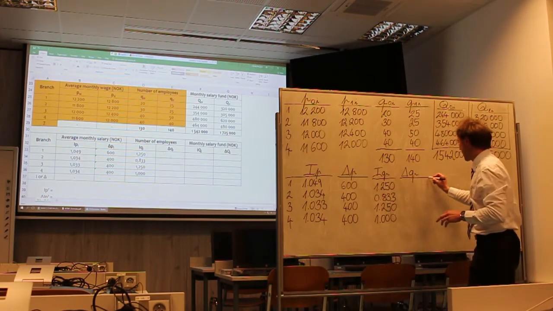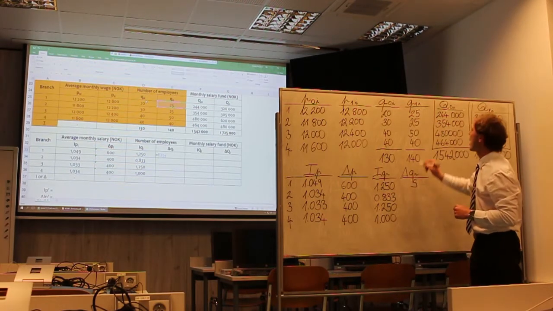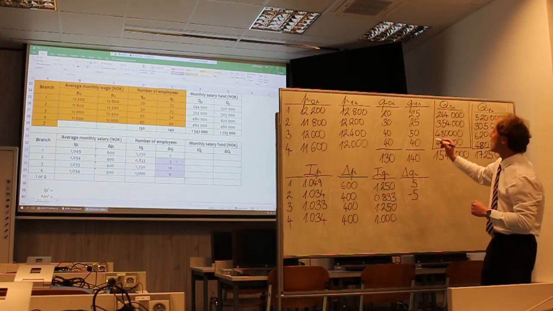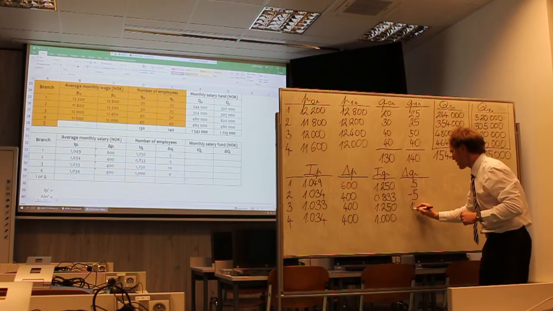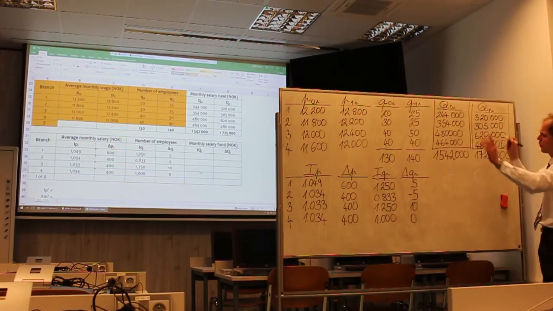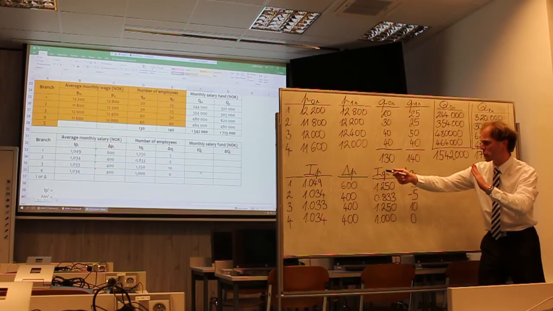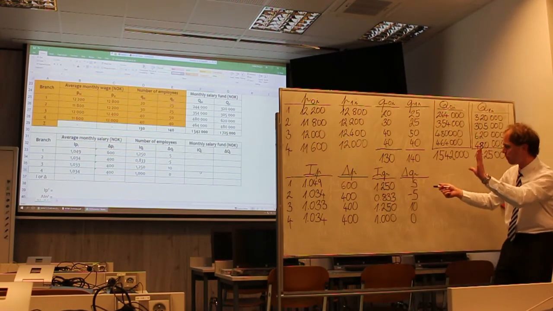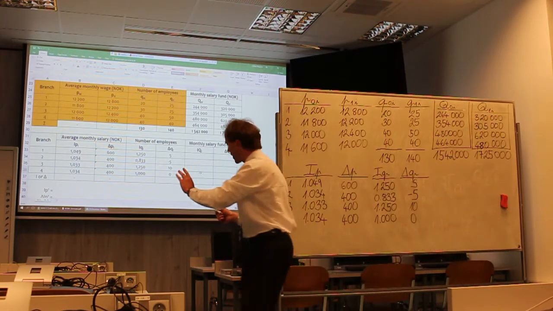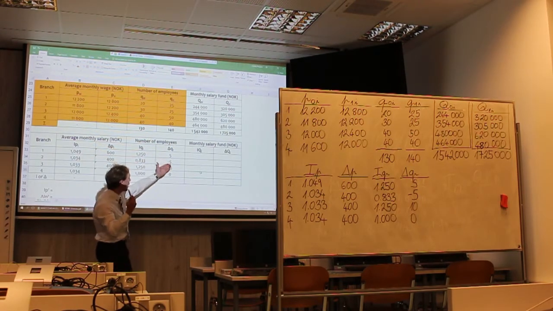Differences. 25 minus 20 is 5. 25 minus 30 is minus 5. 50 minus 40 is 10. 40 minus 40 is 0. Absolute differences. 25% increase in the case of first branch office is 5 employees. 16.7% decrease in the case of second branch office is minus 5 employees.